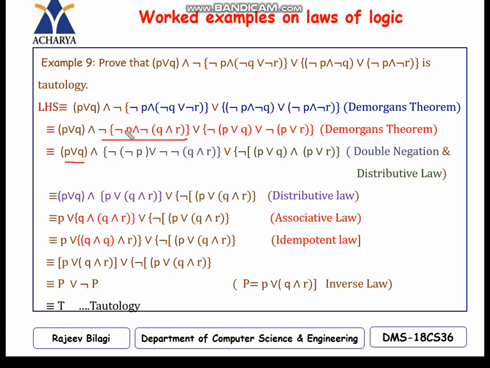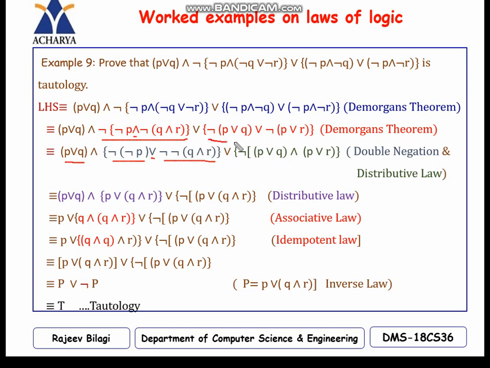So negation of this negation, the R operator becomes, and the AND operator becomes the R operator. Negation of negation, Q or R. So negation of P and negation of Q is the R operator with negation.